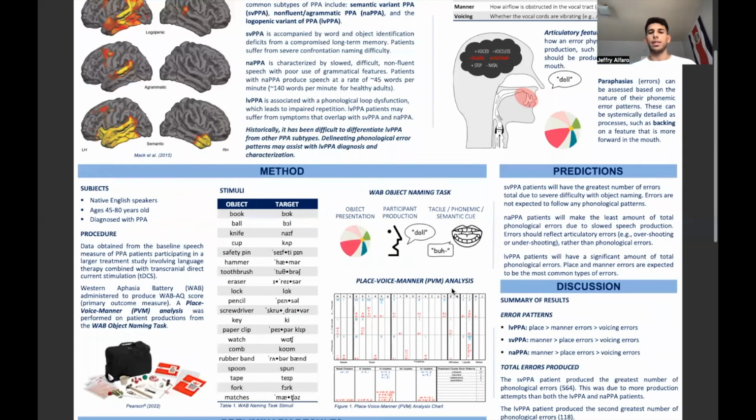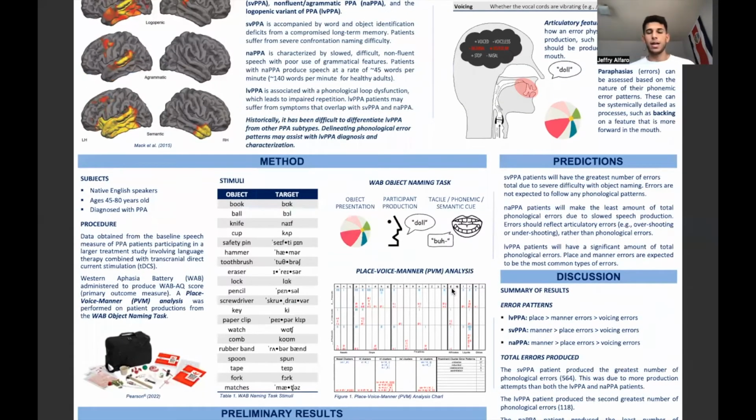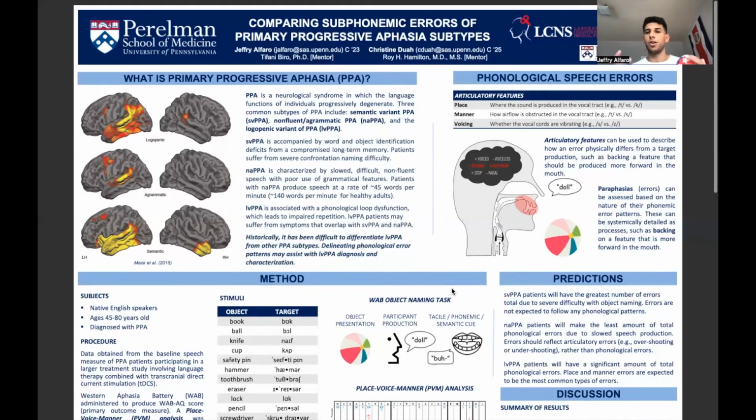We then look at this place, voice, manner analysis, which allows us to look at the different articulatory features of their errors. This can be broken down into the place, which is where it's produced in the vocal tract, the manner, how the airflow is obstructed, and voicing, whether the vocal cords are vibrating or not.